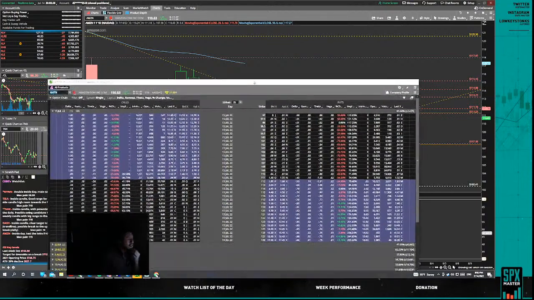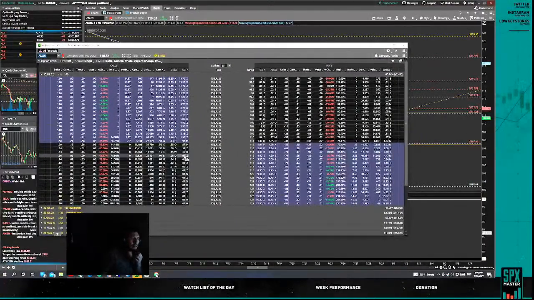Yeah, just look at the options right here. The 115s are 10 cents. So if max pain is 115 and you believe this can go to max pain, 114 being this much, that in the next day is gonna open actually a lot lower.